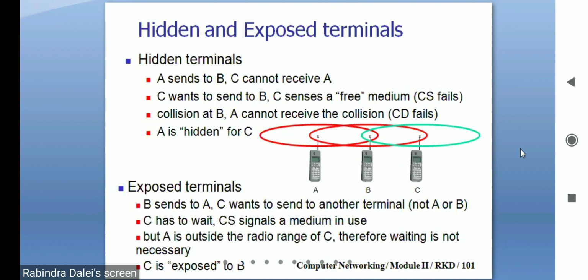Now you can see here A wants to send data to B, and C also wants to send data to B at the same time. Is it possible or not? There are three wireless devices. A wants to send a message to B. At the same time, C also wants to send a message to B. Is it possible or not?